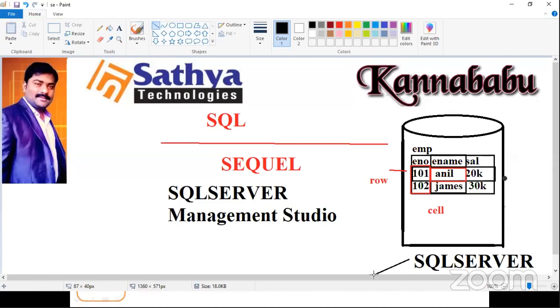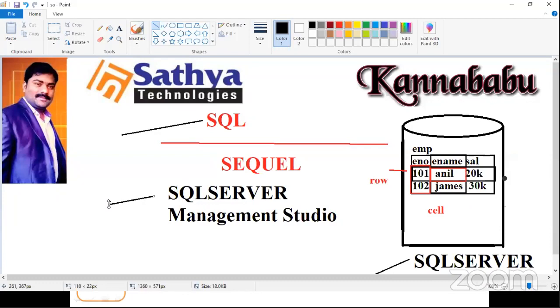One is SQL Server, another is SQL, and another is SQL Server Management Studio. SQL Server is a database software which is used to manage databases. SQL is a language which is used to write the queries. SQL Server Management Studio is an editor which is used to write queries.